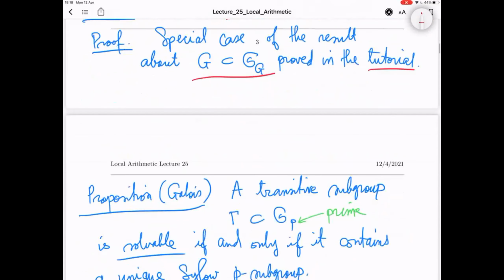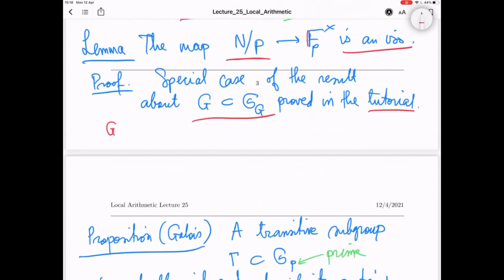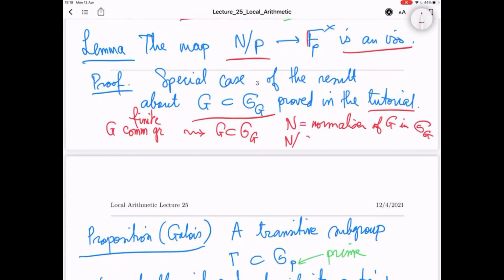What was proved in the tutorial is that if G is a finite commutative group, then you can think of it as a subgroup of SG, and when I determined N, the normalizer of G in SG, I proved that N modulo G is actually equal to Aut G. So this was proved in the tutorial.